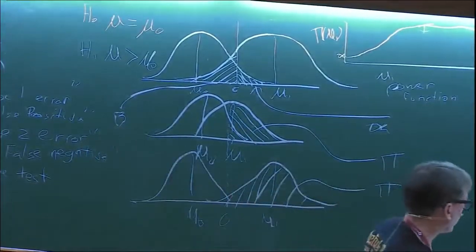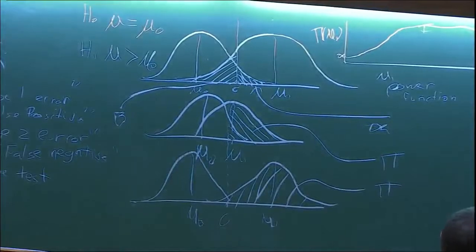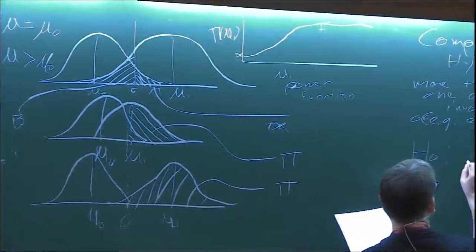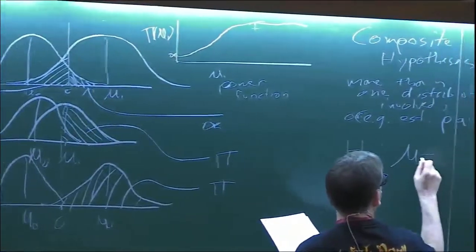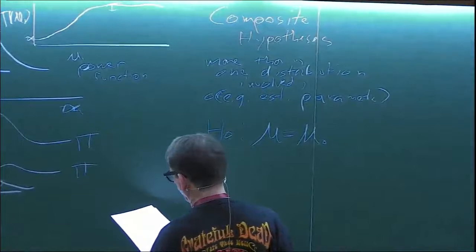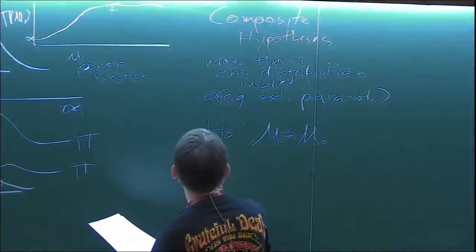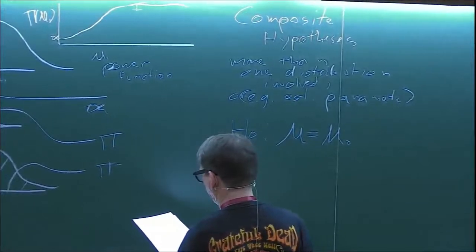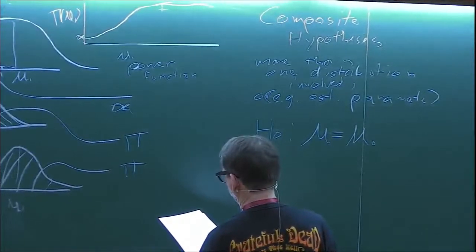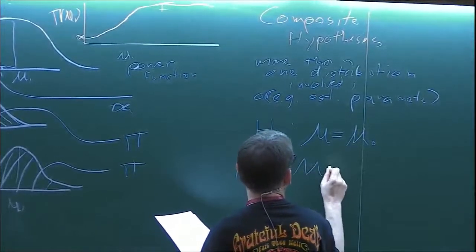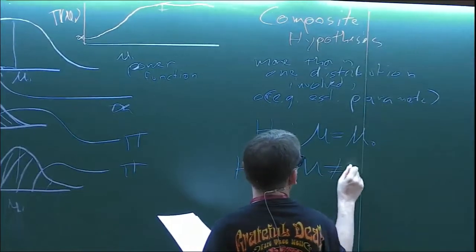But the simplest example I know of a composite hypothesis, and this would be more likely to come up in reality, is that H0 is that mu equals mu0, and H1 is mu not equal to mu0.